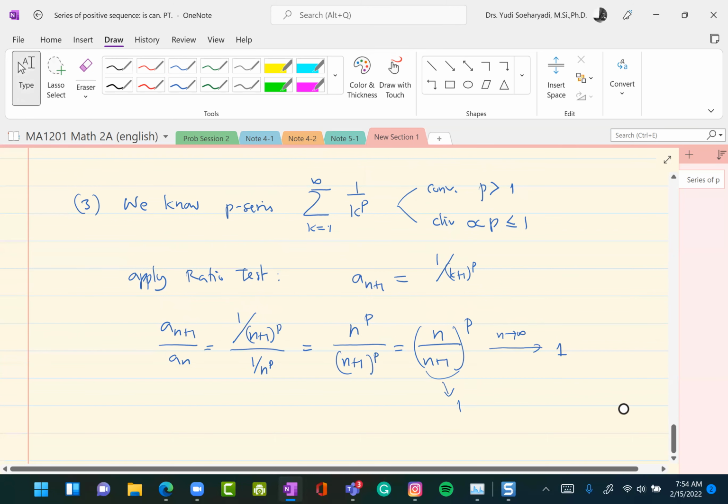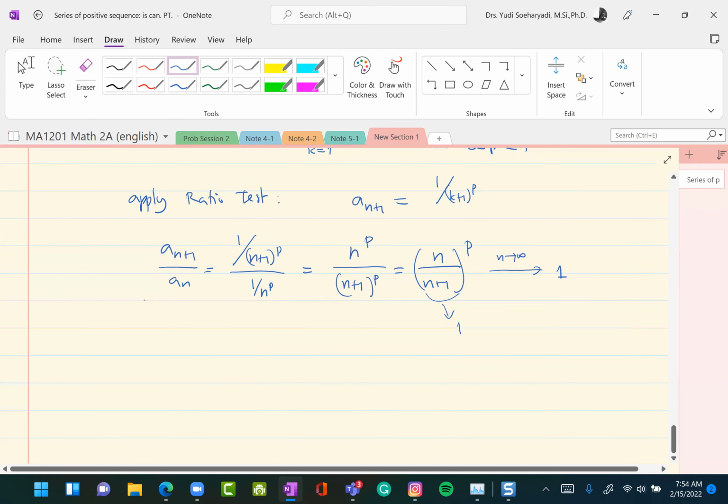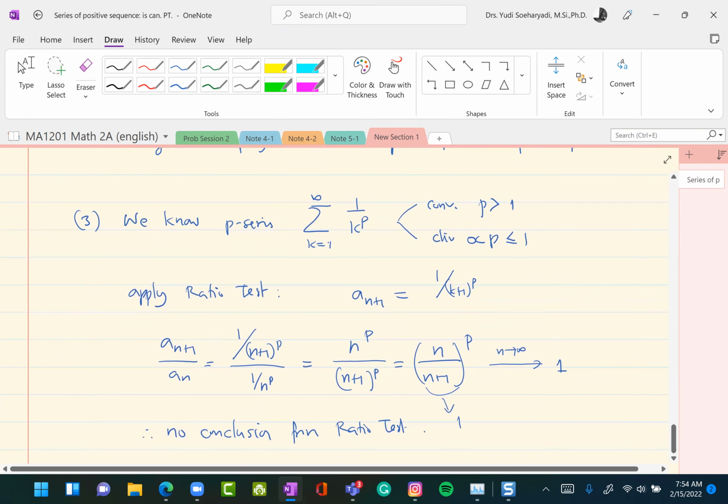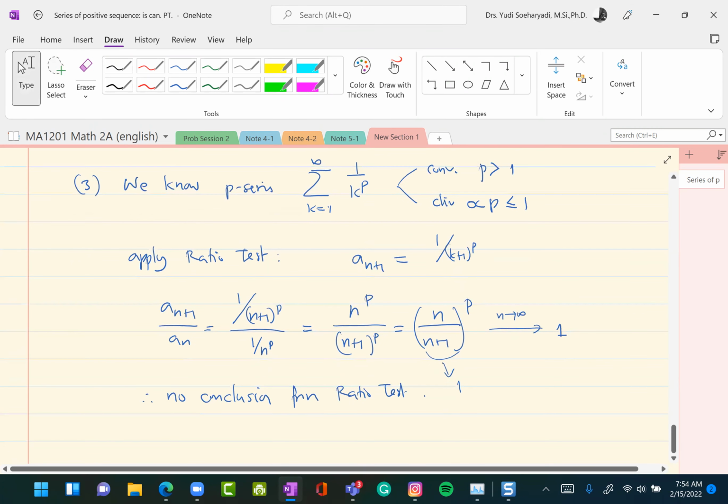So this is the critical case of the ratio test. No conclusion from the ratio test. The ratio test doesn't tell you anything if the limit is 1, because if you apply it to this case, it might converge, it may diverge.